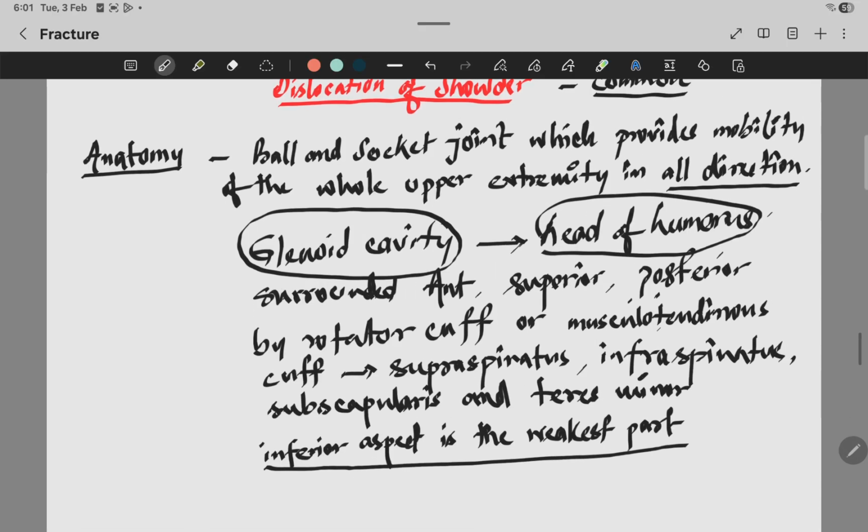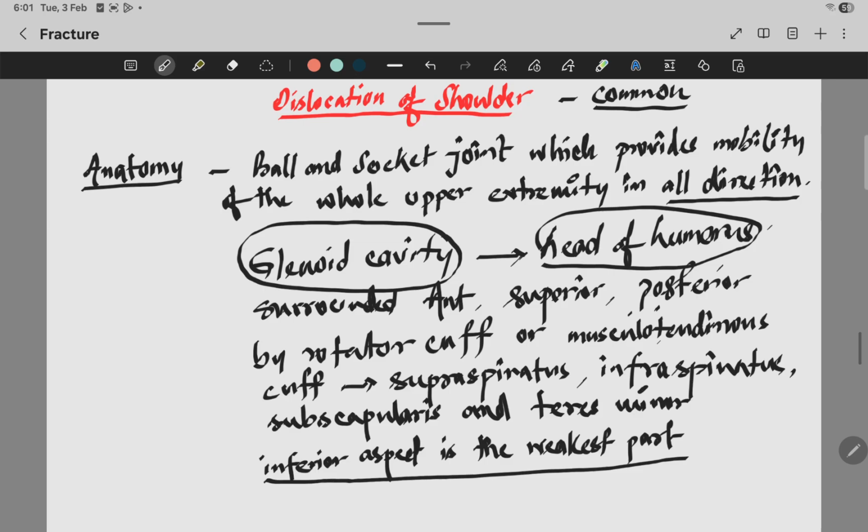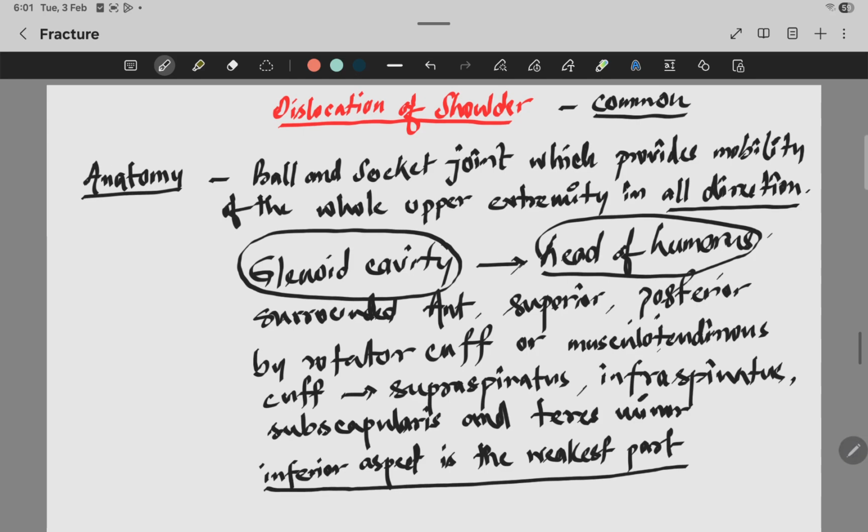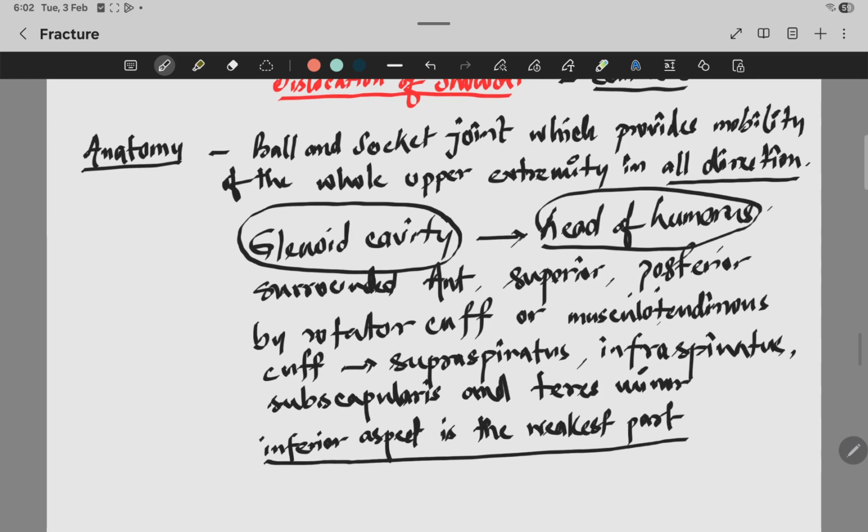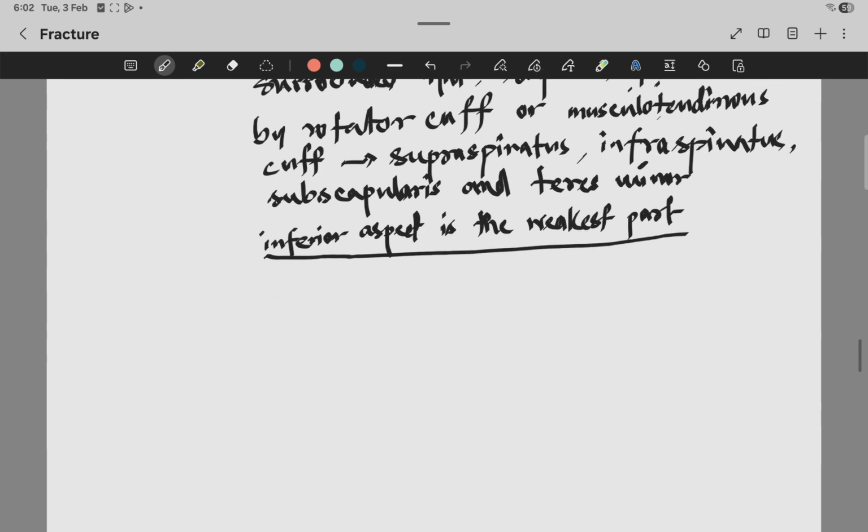Now we come to the main part, that is the dislocation of the shoulder. Now we have to study what is dislocation.